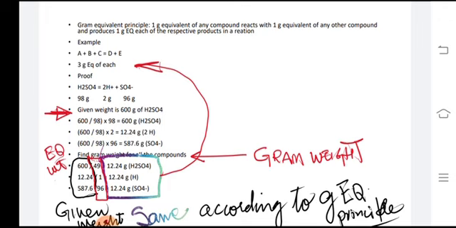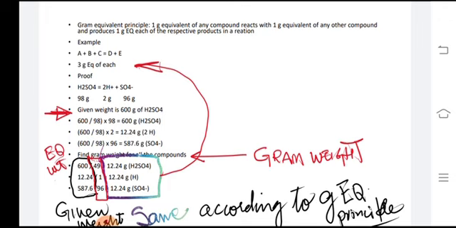Now let's find out the given weight. For example, the given weight of H2SO4 is 600 grams. This is known to us. From this 600 grams, how many grams of hydrogen are produced, and how many grams of sulfate ion are being produced?